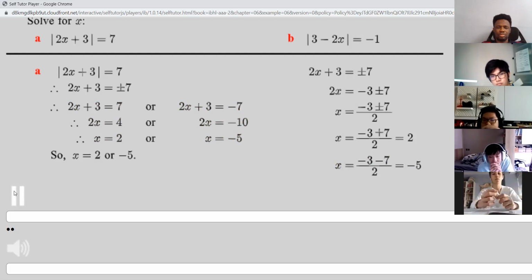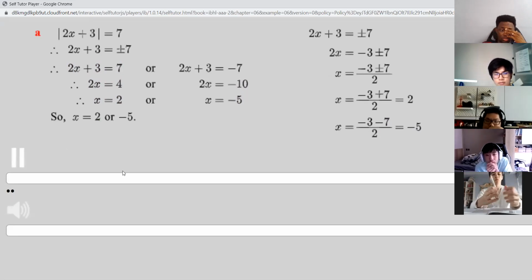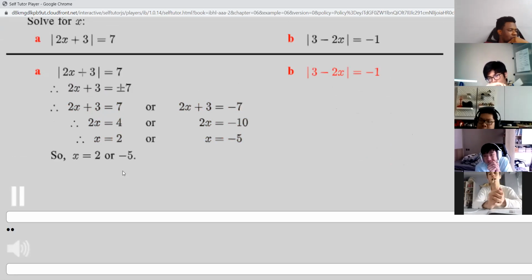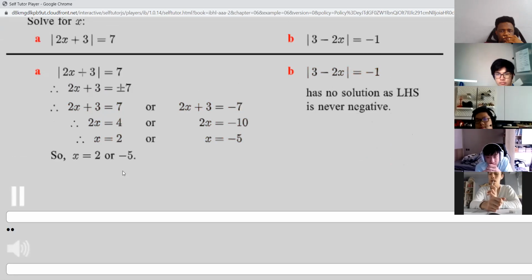Anyway, the absolute value of 3 minus 2x equals minus 1. Can the absolute value of any real number be negative? No, the absolute value cannot be negative, as it is a distance. There are therefore no solutions.